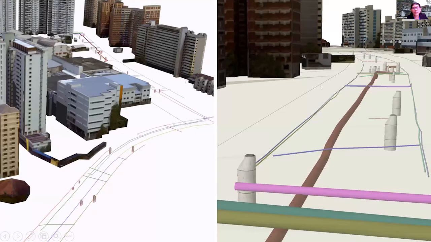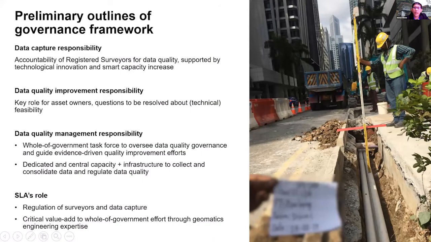And there is a team that looks into the 3D modeling of those data that we have captured, and then visualization, part of the work that we are looking at. So those are the parts that we are looking into on technology, using GPR technology to update and to capture reliable data of underground.